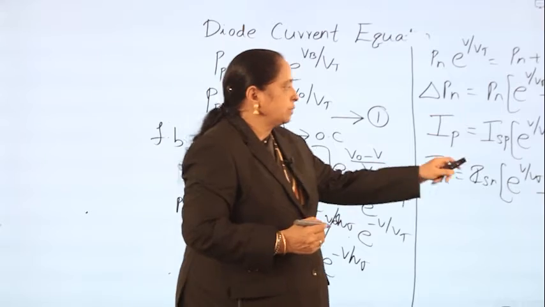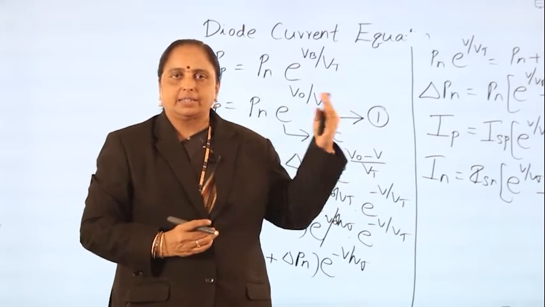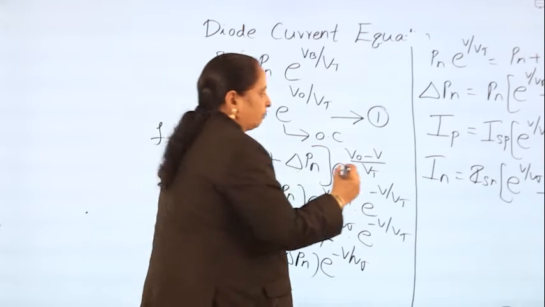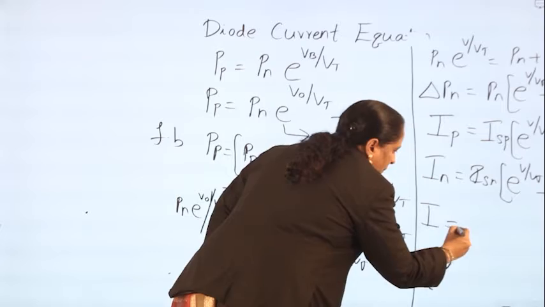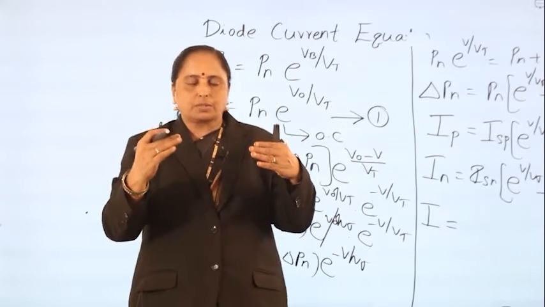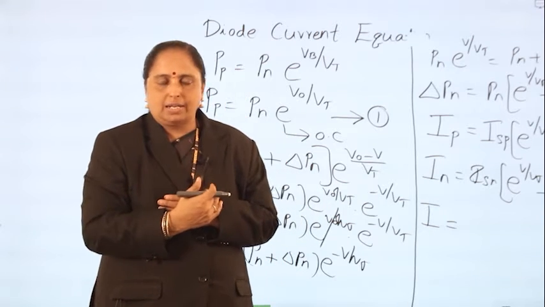So what are this ISP and ISN? These are nothing but the saturated current in the N region and the saturated current in the P region. Now the expression for total current is the sum of the currents due to both holes and electrons, because both holes and electrons cross the barrier parallelly.